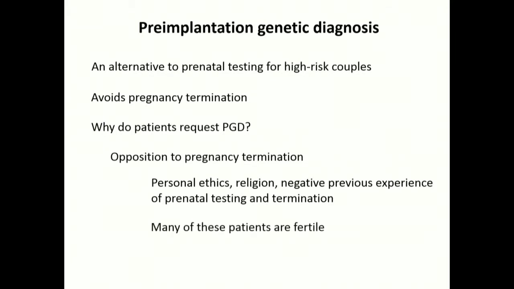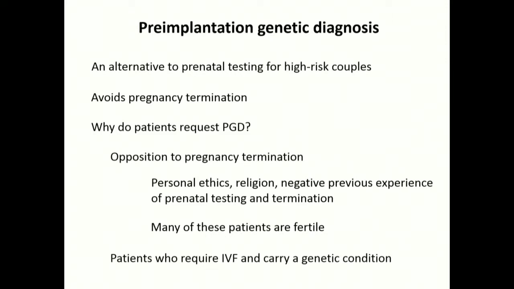Perhaps they've had a couple of affected pregnancies, a couple of terminations, and don't feel they can go down that route anymore. Interestingly, from the infertility perspective, most of these patients are perfectly fertile. They're only undergoing IVF to access PGD. And so they're an unusual patient group for those of us involved in IVF clinics. Of course, we also get those patients who are coming for PGD because they've been doubly unlucky.